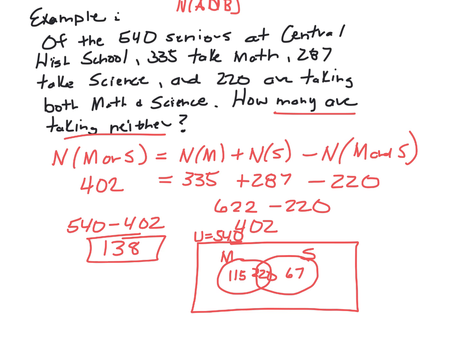If we now add these 4 numbers up, that is the union of this set. That is math or science. That adds up to 402. And therefore, on the outside here, we'd have 138. And that's the number that are taking neither math nor science.